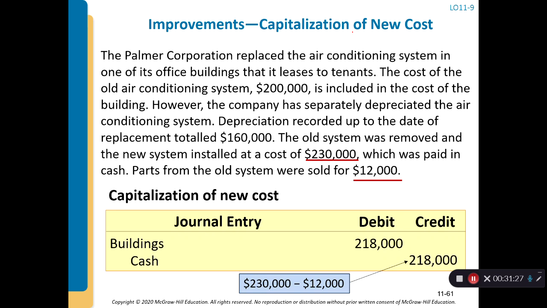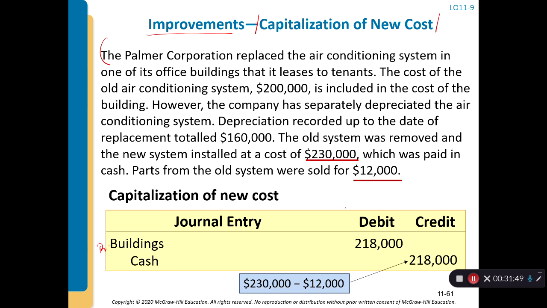The second way of treating the improvement is to capitalize the new cost, right? How do we do that? The same scenario: if we want to treat it as a new cost, all we need to do is make sure that we capitalize the new cost by debiting the building $218,000.